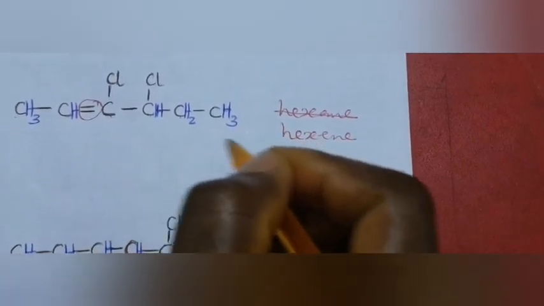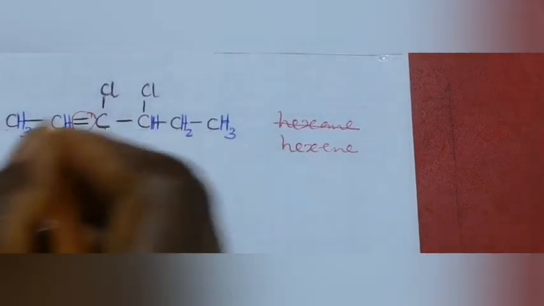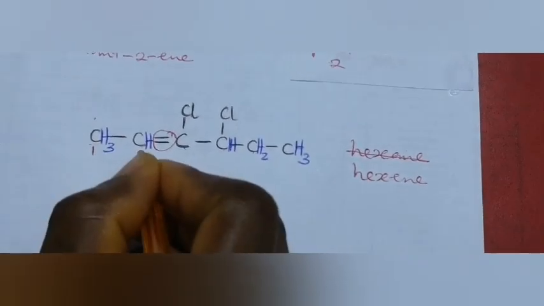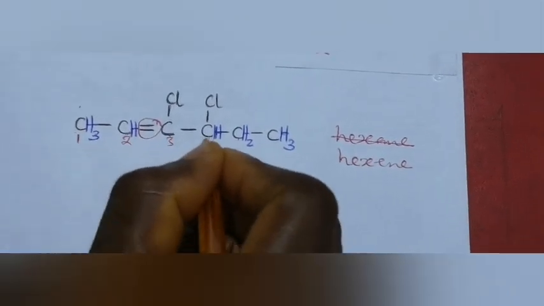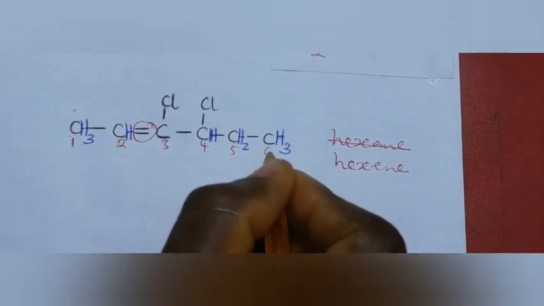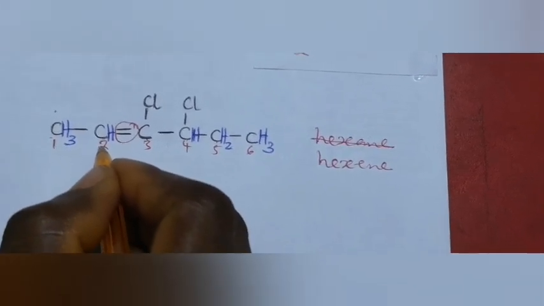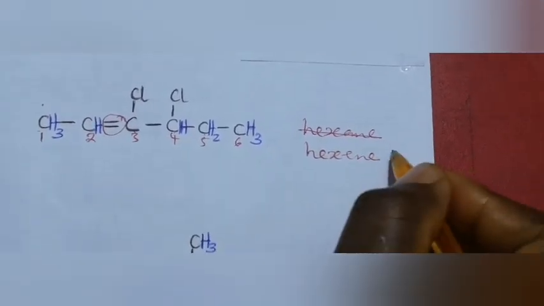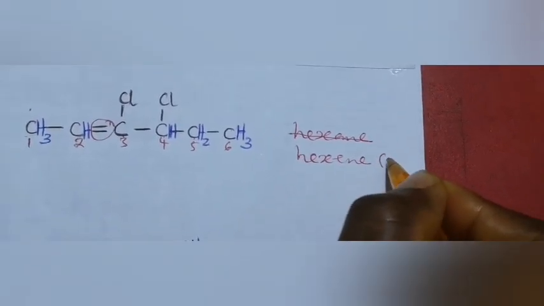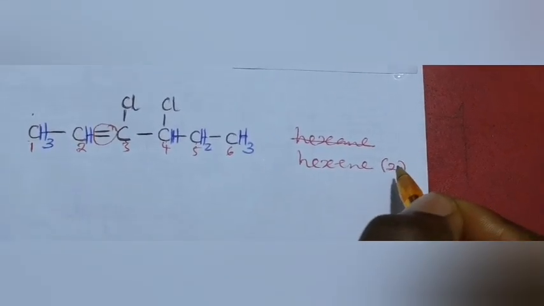Now this double bond is at what carbon atom? 1, 2, 3, 4, 5, 6. It is at the second carbon atom.